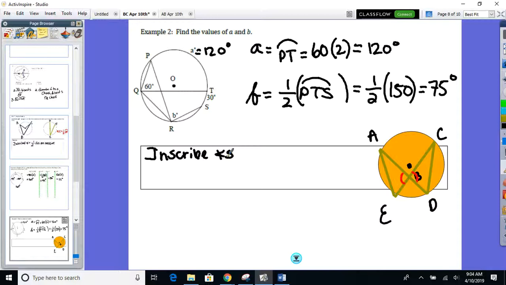Where were they drawn to? Same arc. Inscribed angles drawn to the same arc are, what did we just find out? Congruent. Yes, that can go into a reasons column of a proof now.